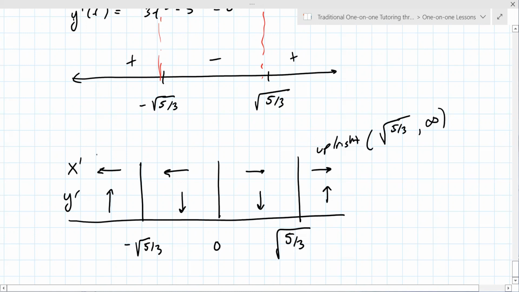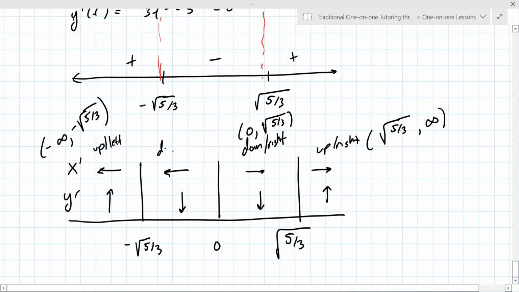Up and to the left is from minus infinity to minus square root of 5/3. Down and to the right is from 0 to square root of 5/3. And down and to the left, that last box, is minus square root of 5/3 to 0.